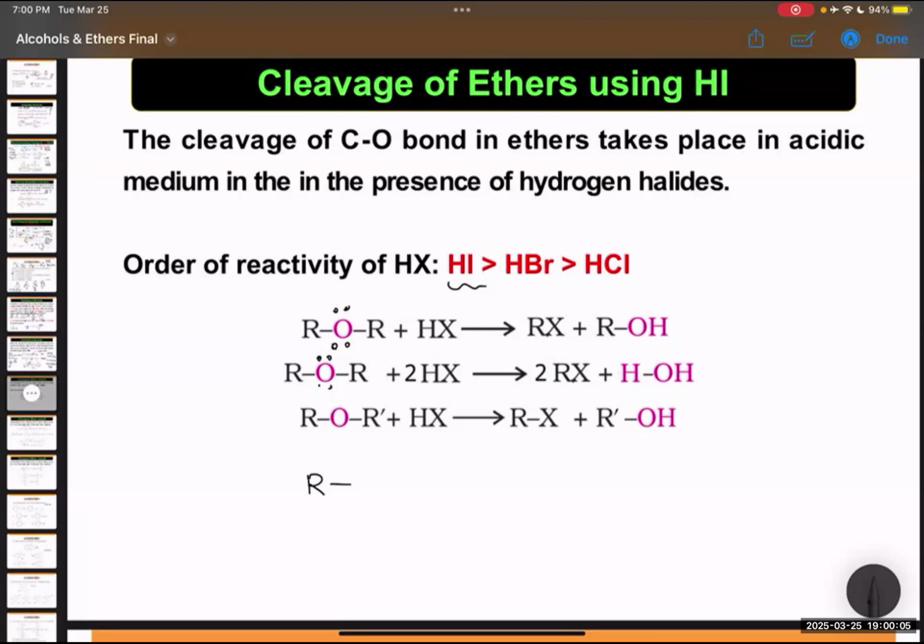Suppose nothing is given, then it is not a problem. Suppose I ask you to react this ether with HI. Oxygen has a lone pair. H plus will get connected to the oxygen and I minus will get connected to the R. So you can get ROH and RI.